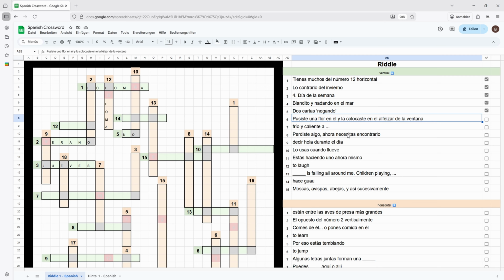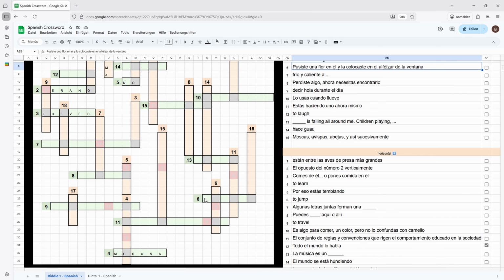So flower pot. It's in English, and in Spanish it is, oh, I know it. Wait a second. Maceta? Is it maceta? I think it is maceta. 6. I think with C.